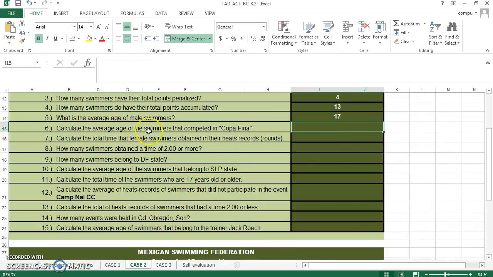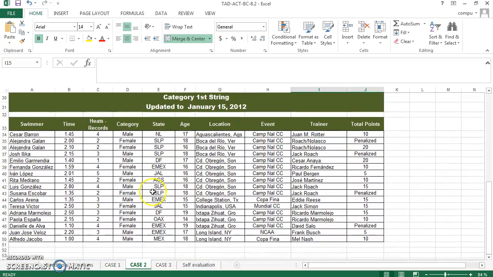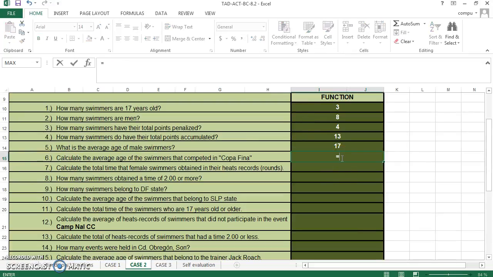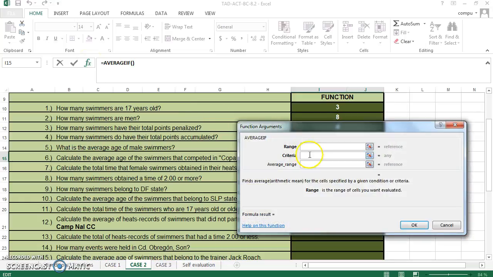Calculate the average age of the swimmers that competed in Copa Fina. I'm going to copy paste the exact words. Then it's equals to AVERAGEIF, and then open parenthesis. So the criteria is equal to Copa Fina.